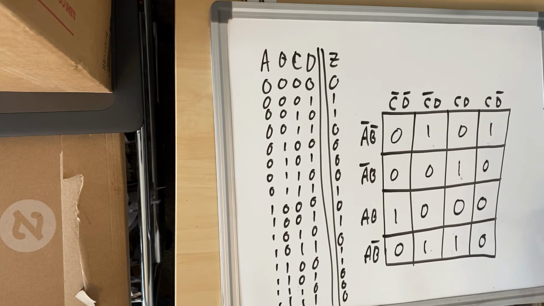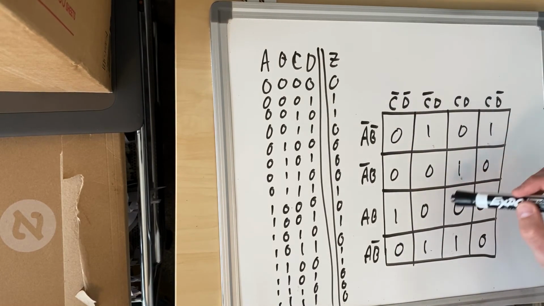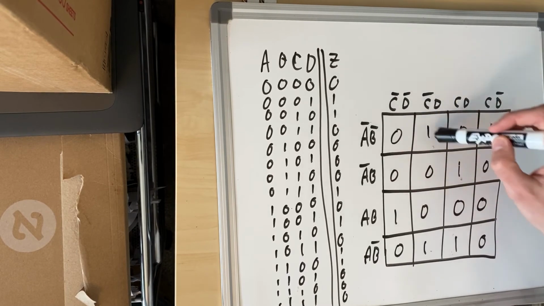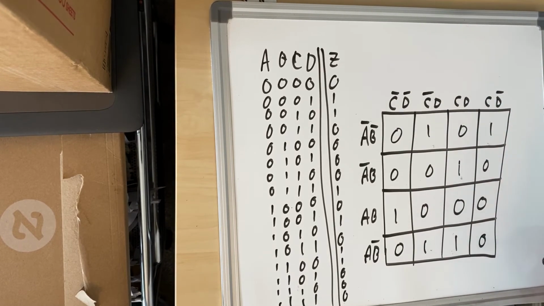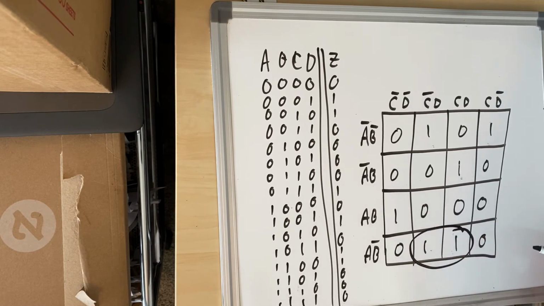So groups of 4, do we have any groups of 4 anymore? That would be a straight line this way, or a box somewhere. And I don't see any of those, so now we want to go to our duplexes. This is the only one I'm seeing. And this would be A, not B, because it's in this row.